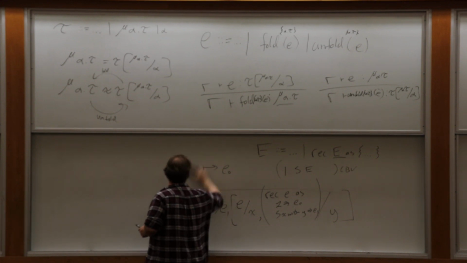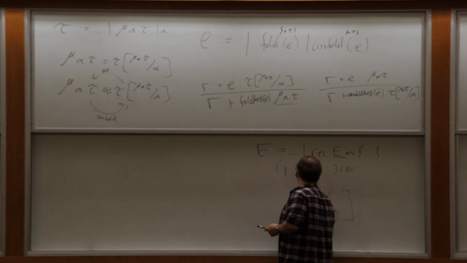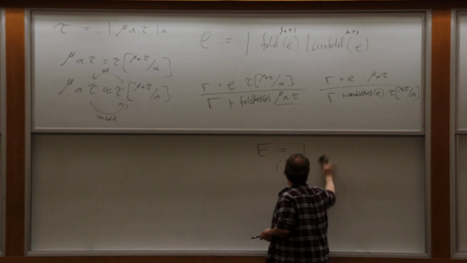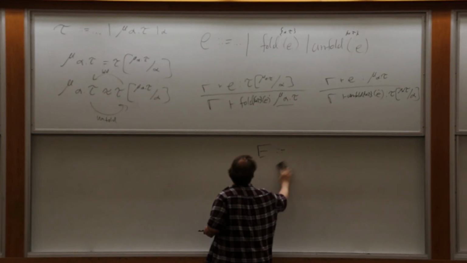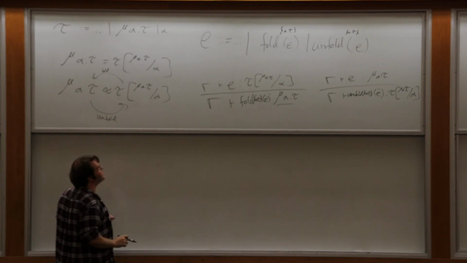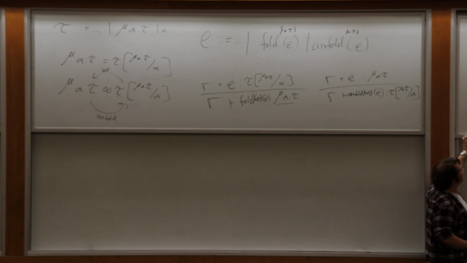So the first case to consider, of course, would be natural numbers, because we had just looked at those. And see, can I represent natural numbers using these recursive types?